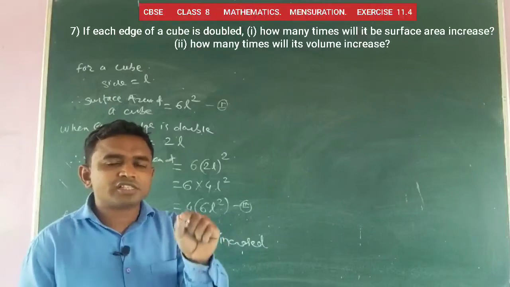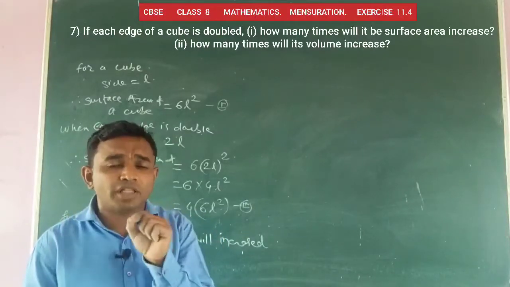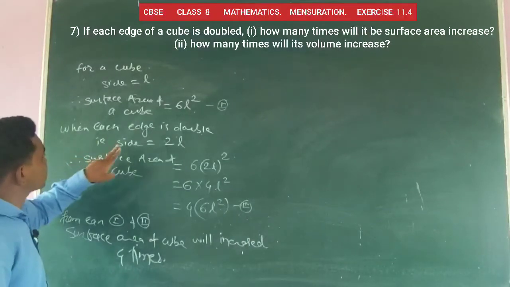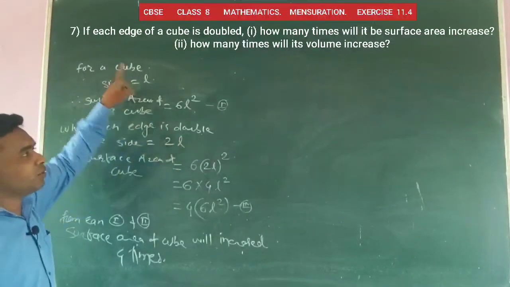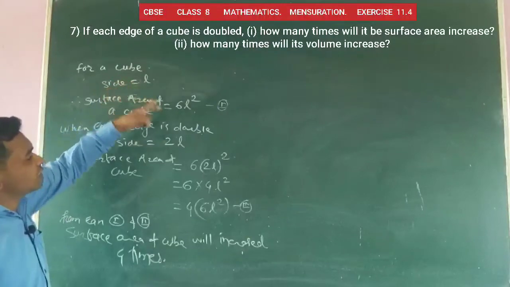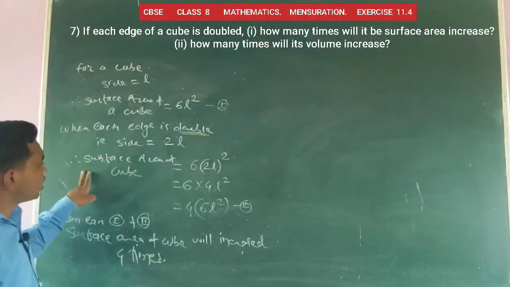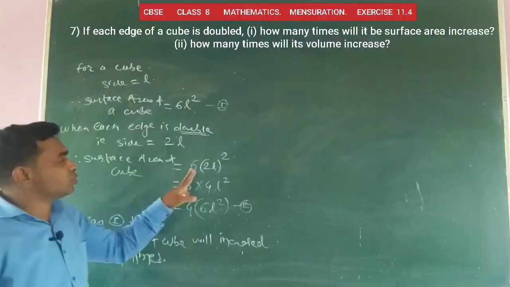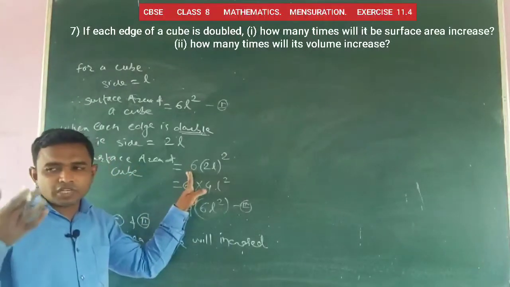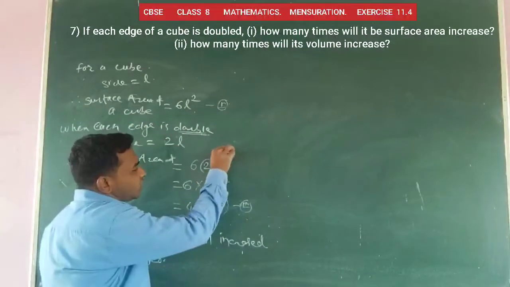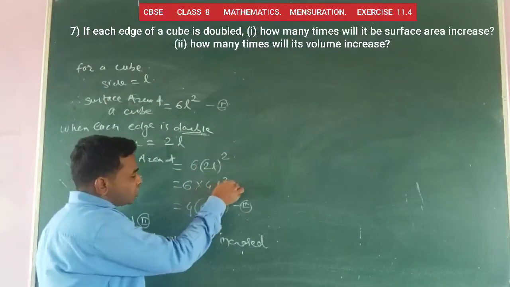If the side of a cube is doubled, the side is equal to twice L. Then the surface area of a cube is equal to 6, why 6? 6 from the formula, and the side is twice L and its square, so 6 into 4L square.